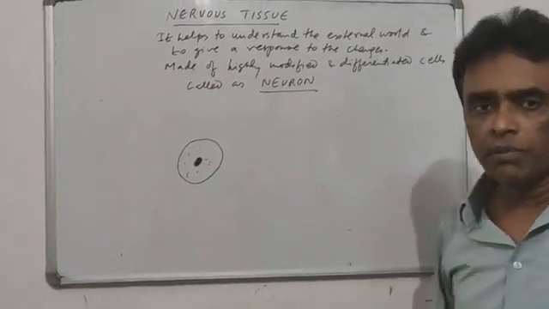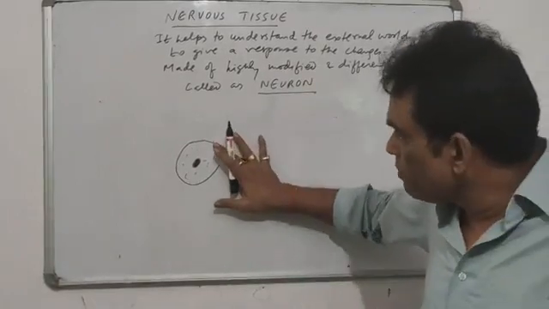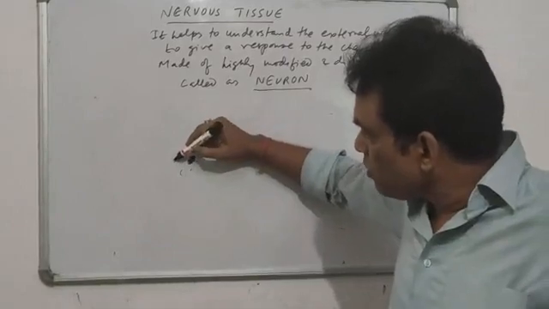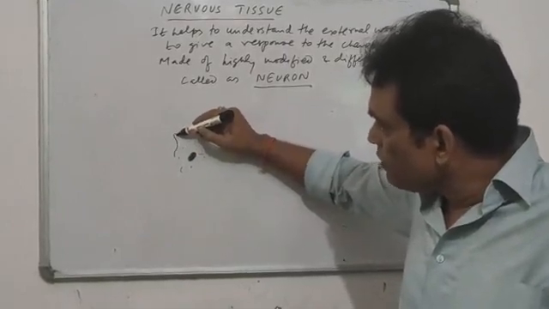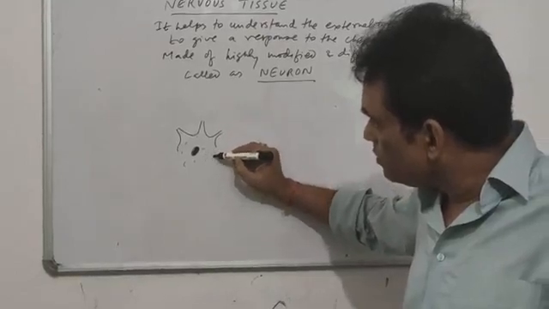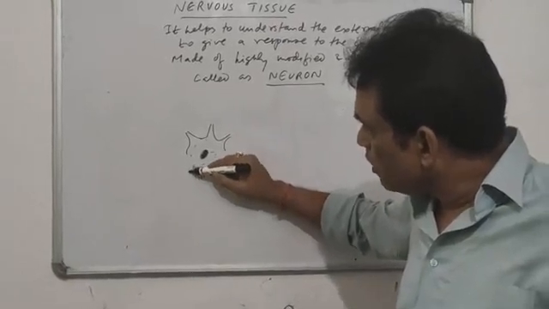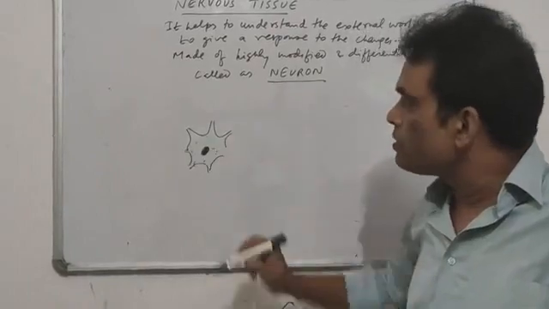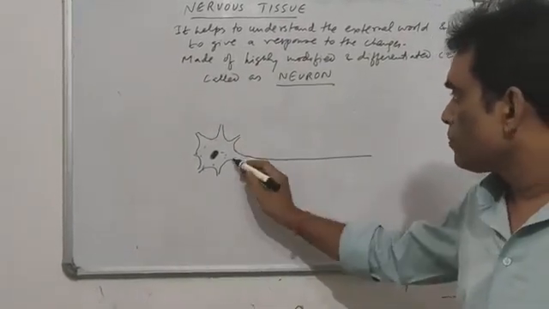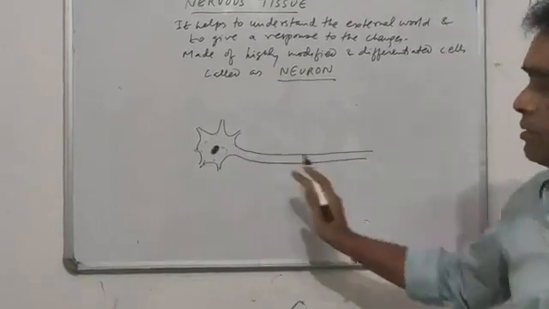So cytoplasm and nucleus are there, but this cell membrane, try to understand here, gets so much modified that it gives out very, very small branches all around. It develops small branches. There are one or two very long branches. So many short branches and one very long.